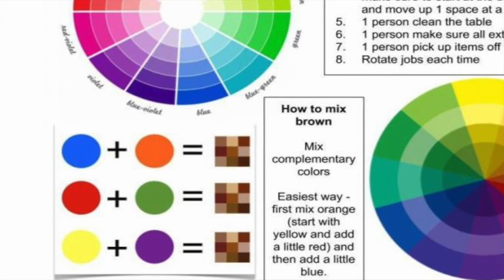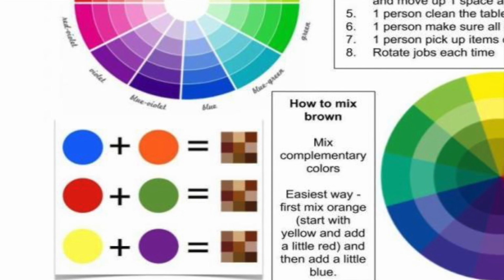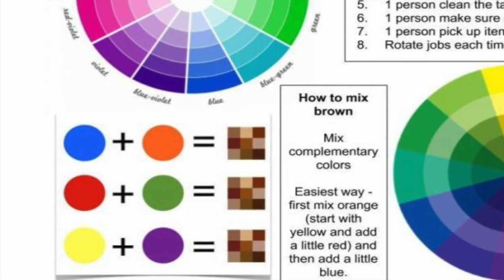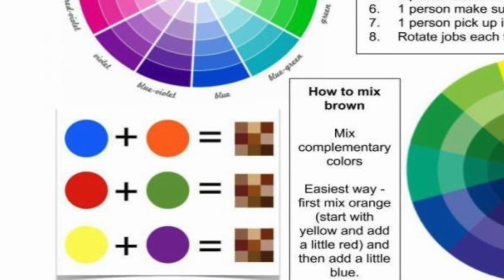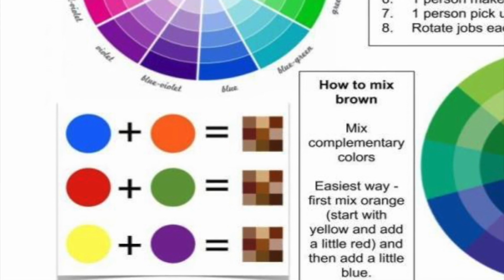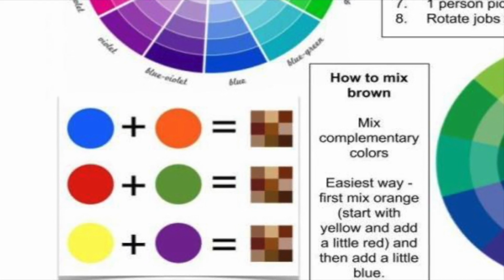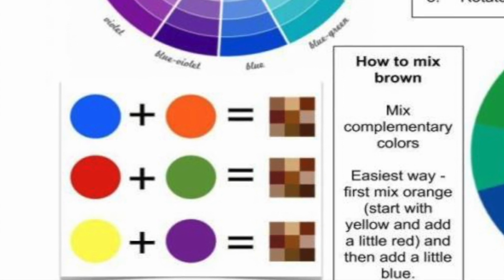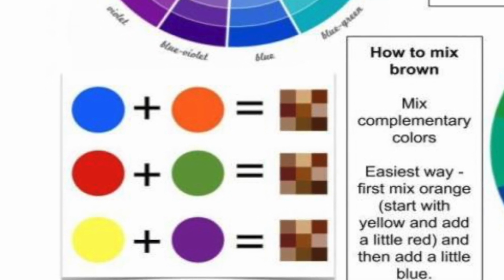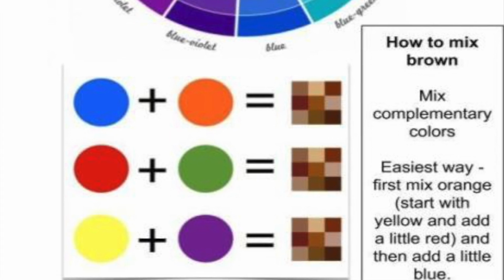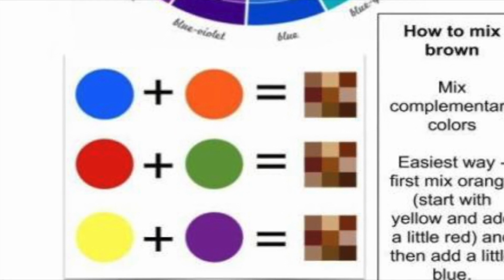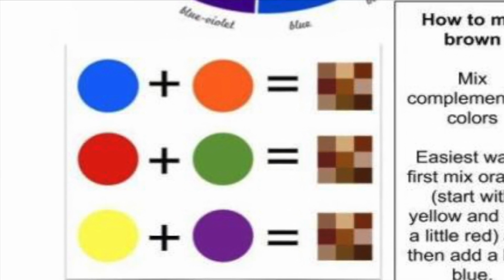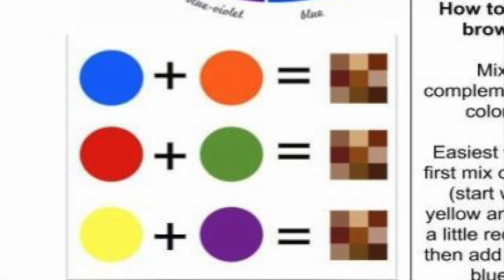What? Yeah. Then you've got the third one. You've got yellow, your primary, but then if you add blue and red together, you get purple. Again, that makes brown. But the thing is it's not even amounts of the primary colors. So yes, it is all three, but if you just put a scoop of each one in, you are not going to get brown. That's why we find it's easiest if people make orange and then add blue in.